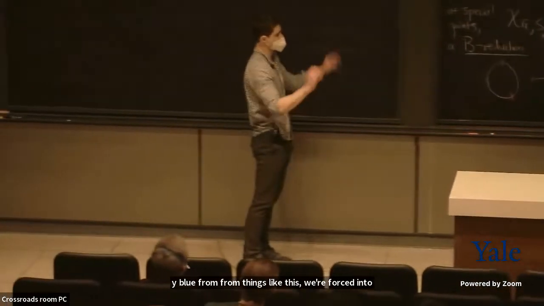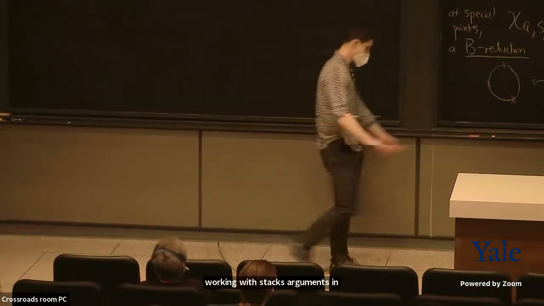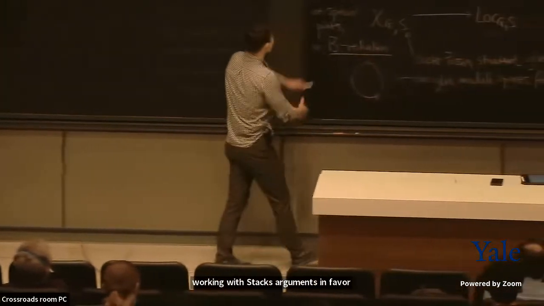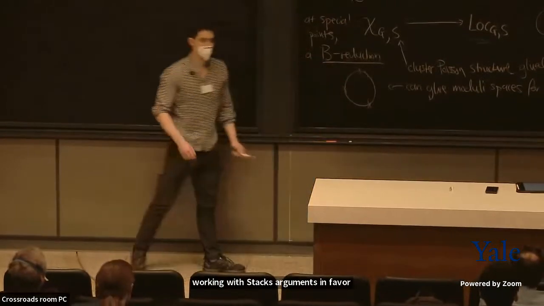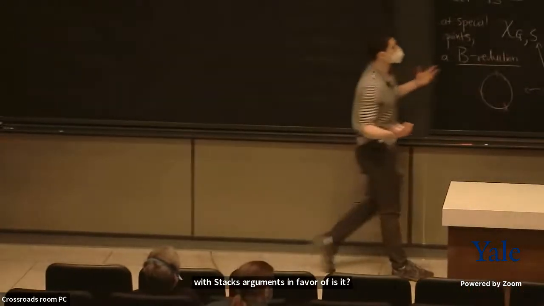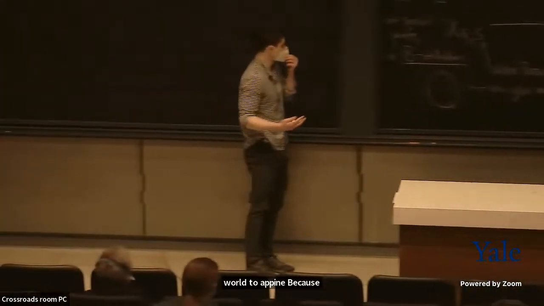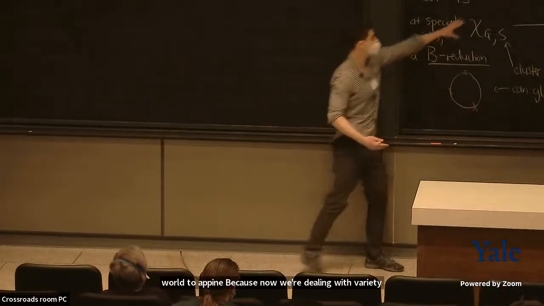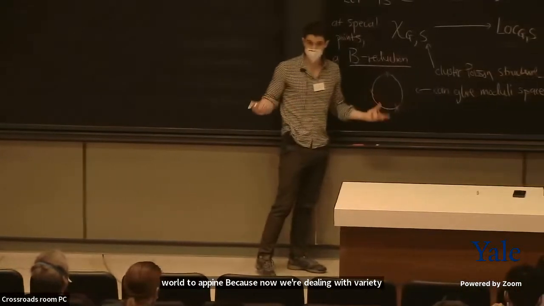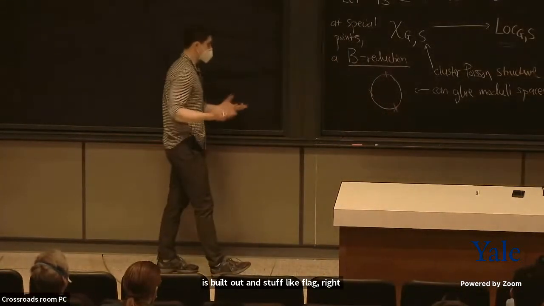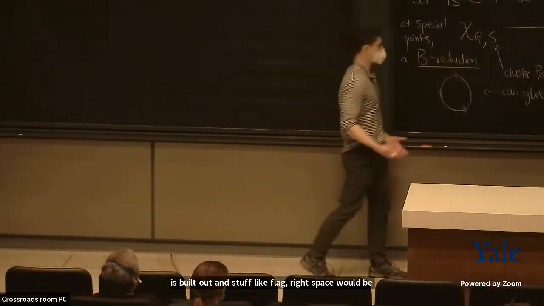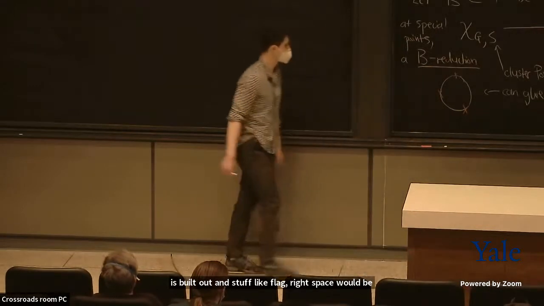Another argument in favor of considering something like stacks is that when we add in these B reductions, we leave the world of affine varieties, because now we're dealing with varieties built out of stuff like flag varieties, the space of B cosets in G, which, as we all know, are projective and not affine.